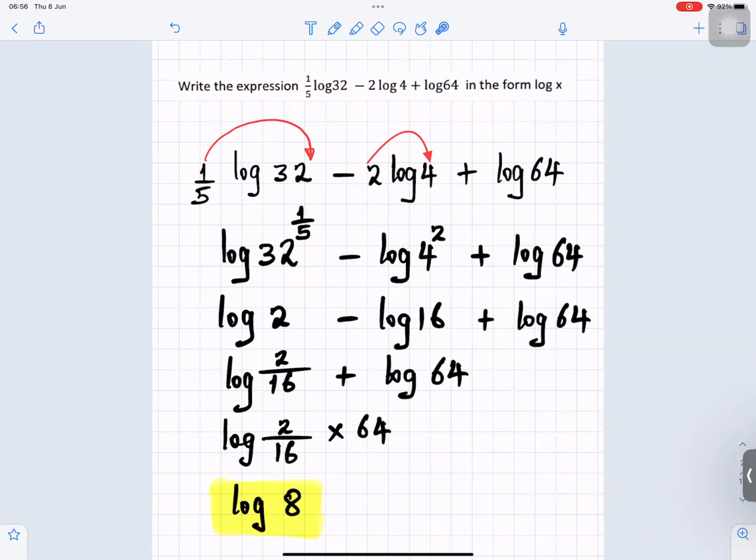Another way to do it, we take the power to the front like before. We work out 32 to the power 1 over 5, your calculator will give you 2. 4 squared will give you 16. Now, when you subtract 2 logs, it says you divide them. And now we have log 2 over 16 plus log 64.